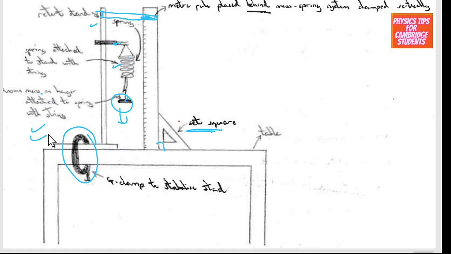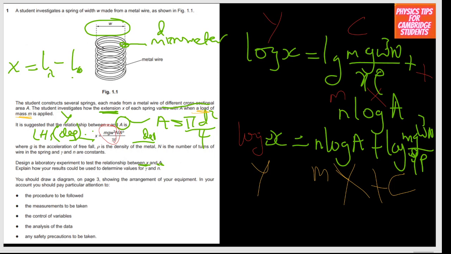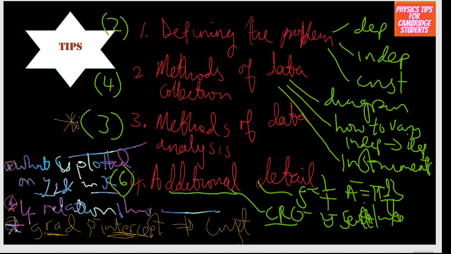Now moving on to get the other 2 marks. Like I said, let me just go back to where I started. So I said the other 2 marks. Now we've done the diagram. How to vary your independent variable to get your dependent variable.